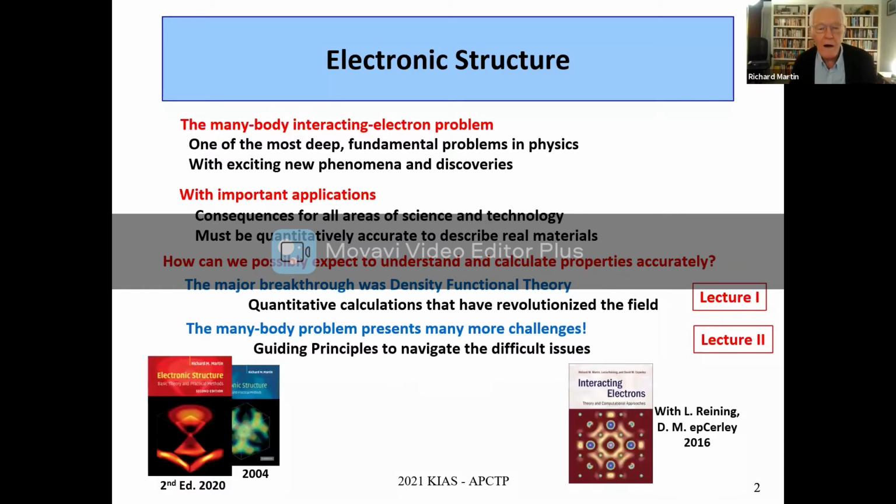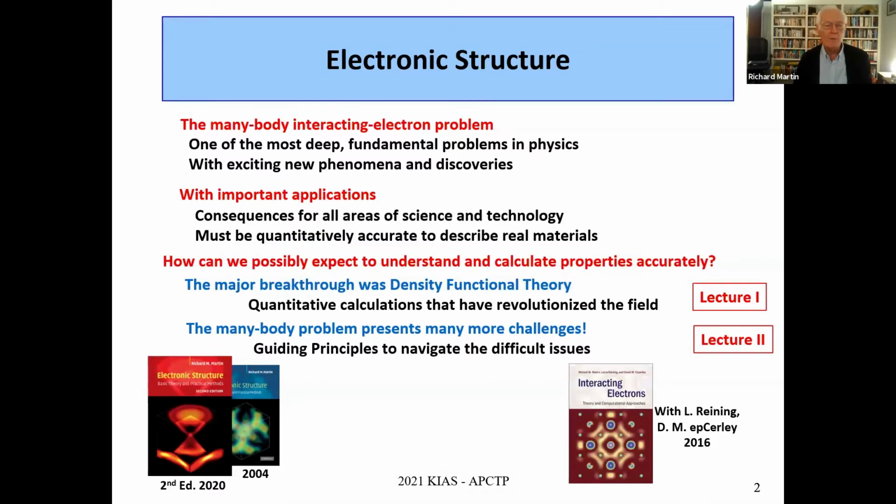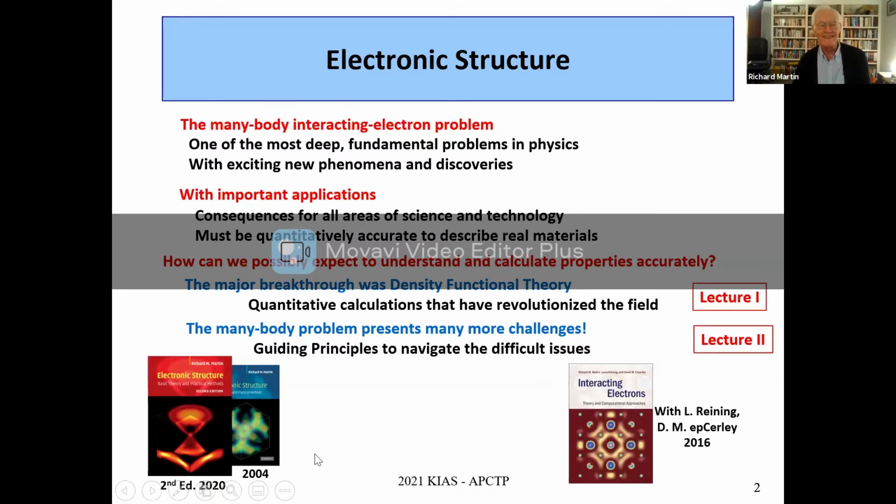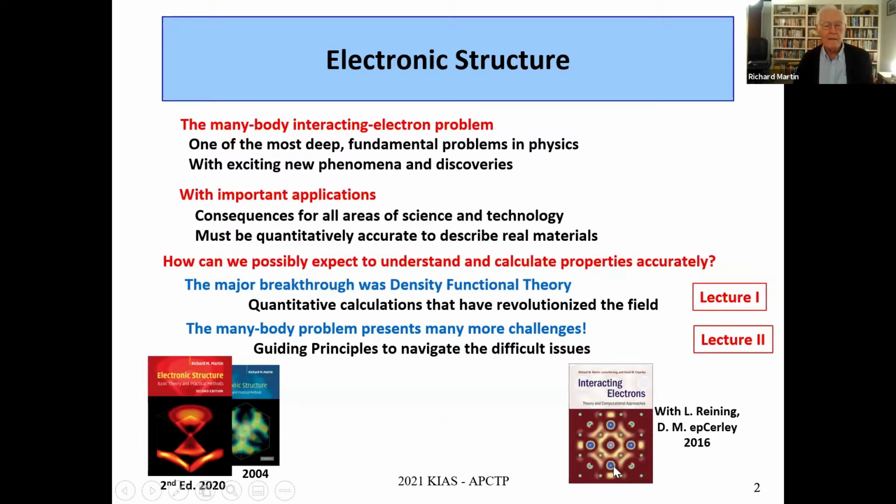These lectures are taken from two books that I've worked on, and to the lower left is the second edition of this book, Electronic Structure, which came out last year that Hoon mentioned. And at the right is the book on interacting electrons. The theme in both books is the same.